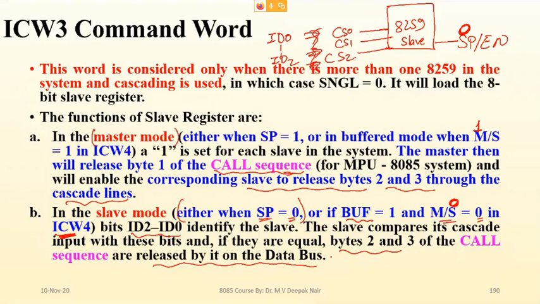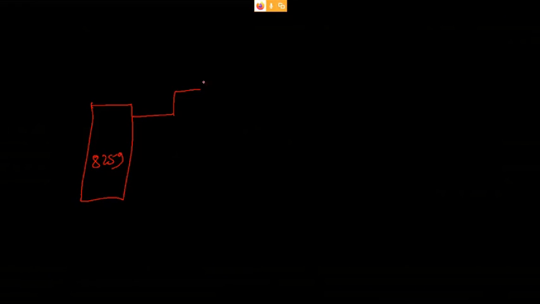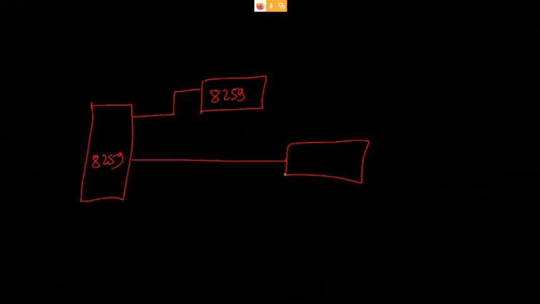So remember now, when the slaves are connected, all the data lines are directly connected to the slaves also. We can have a scenario like this where you have the master 8259, connected to a slave 8259. I am just drawing 2. In that case all 8259s have their own data lines, D0 to D7.